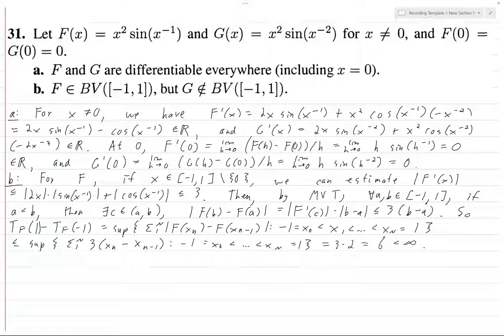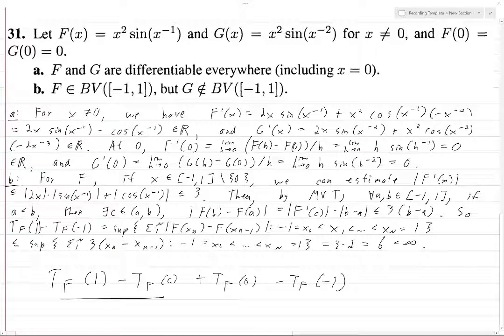In particular, if you really wanted to, you could have written this as T_f(1) minus T_f(0) plus T_f(0) minus T_f(-1), and then done this same estimate for each of these pairs. Then you could have dealt with the case of what happens at 0 individually. But at 0, the two functions evaluate to 0, and so it's going to be fine.